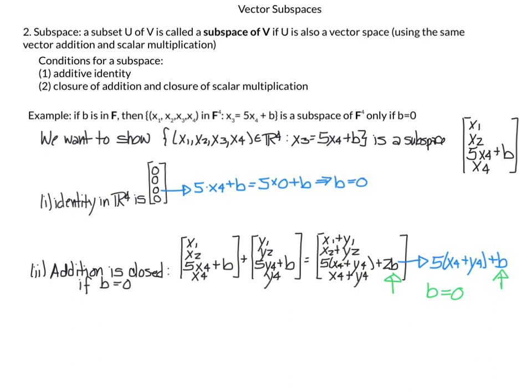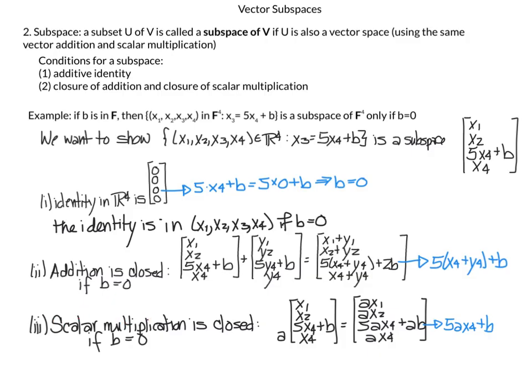So I have that notated here. Addition is closed if b equals 0. I should also put here that the identity is in our x1, x2, x3, x4 if b is equal to 0.